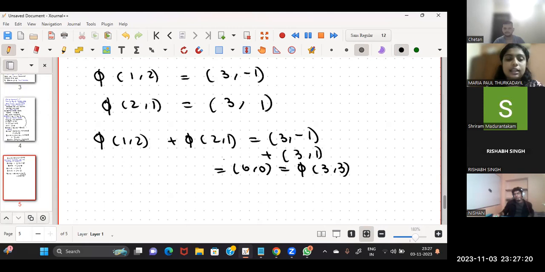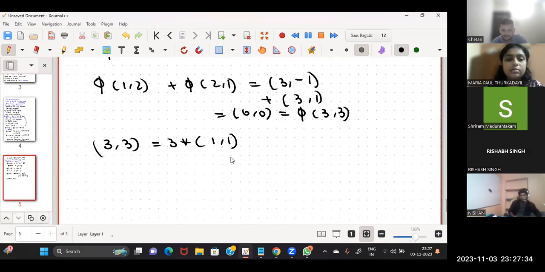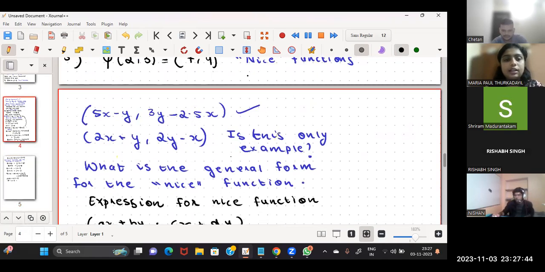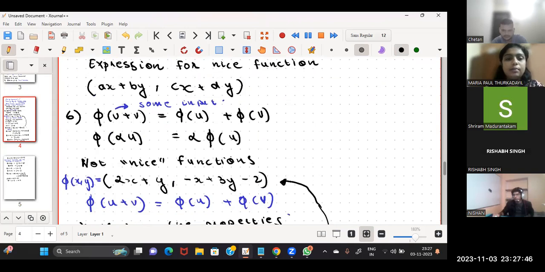Now let's check the second property also. 3 comma 3, you can write that as 3 times 1 comma 1, right? So our u is actually 1 comma 1 and our alpha is 3. I hope you remember this, what we had to check. These are the two properties.